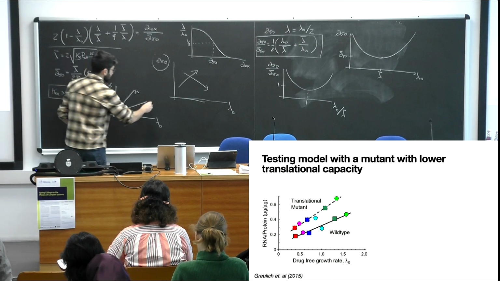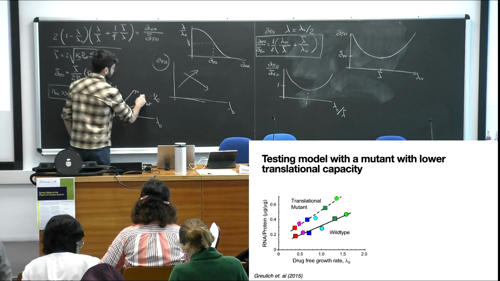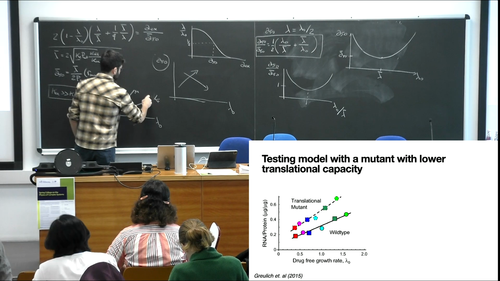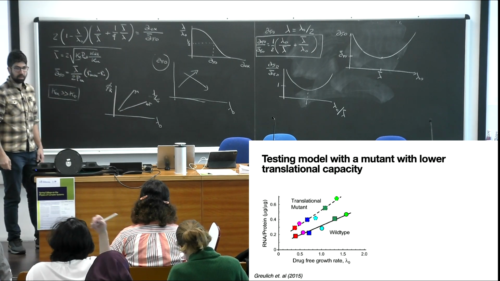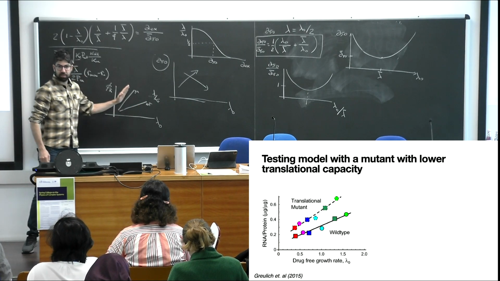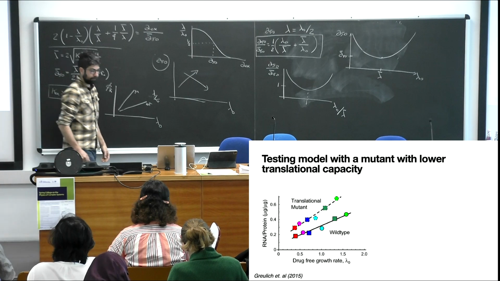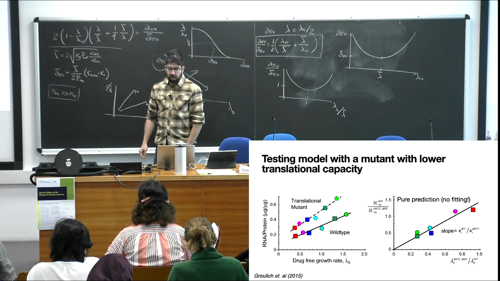The slope of this is 1 over kappa t. It's exactly 1 over kappa t. So these curves are lambda naught over kappa t. Okay? So if you have a lower kappa t, you have a higher slope.